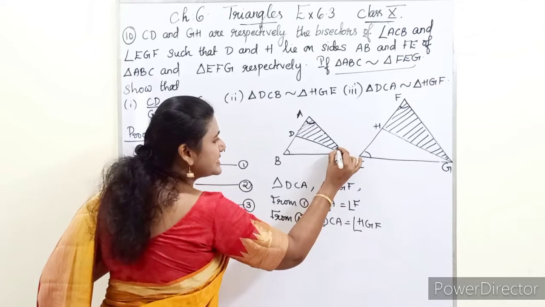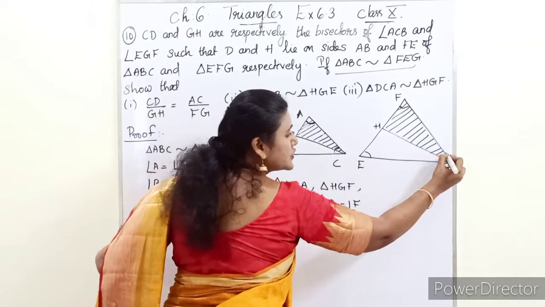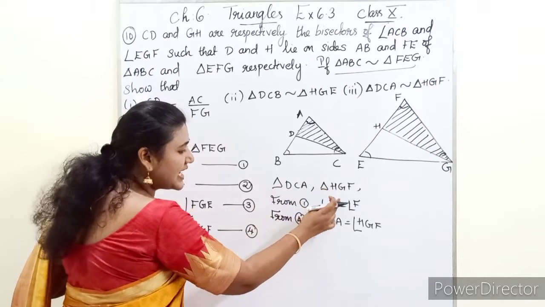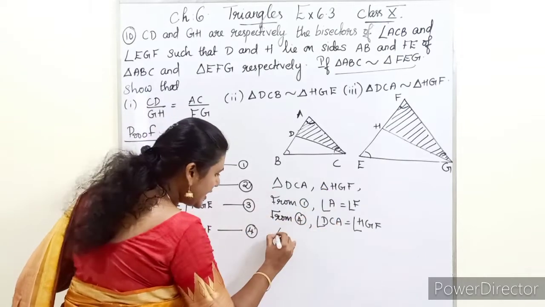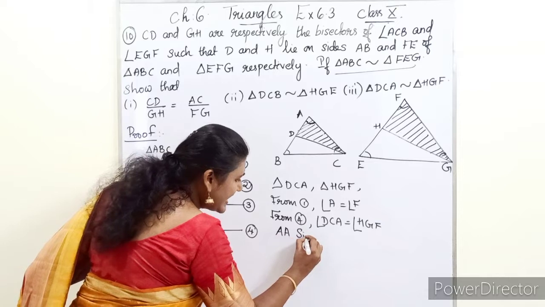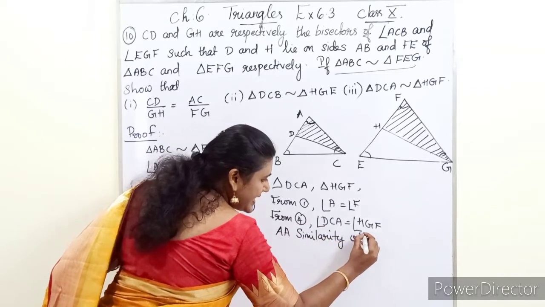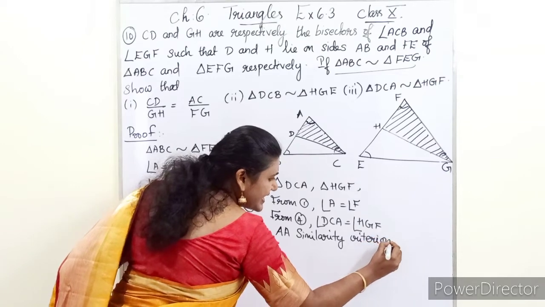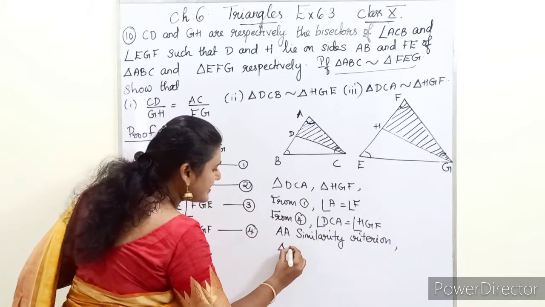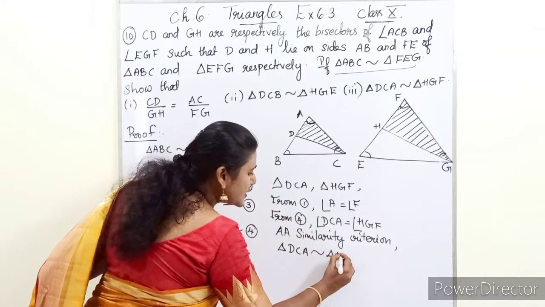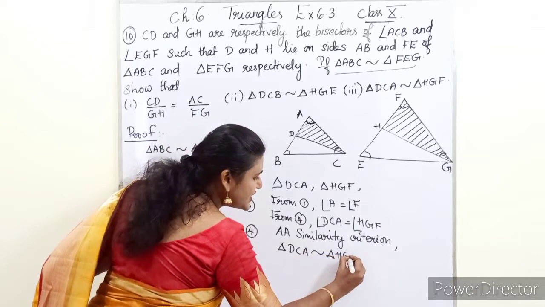So in these two triangles two angles are equal, therefore by the AA similarity criterion, triangle DCA is similar to triangle HGF.